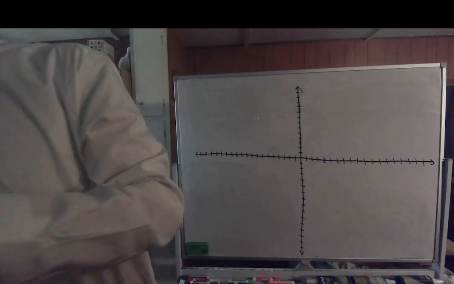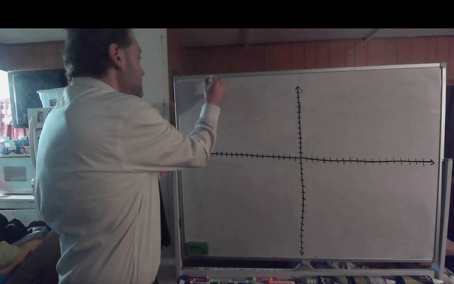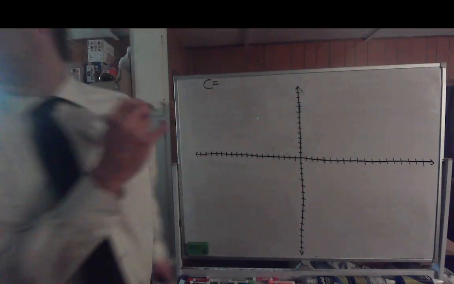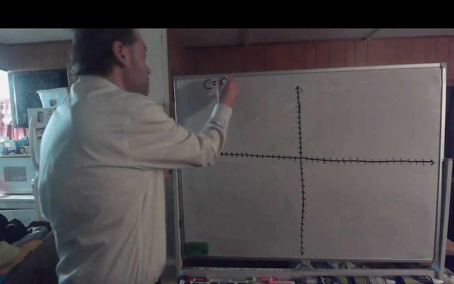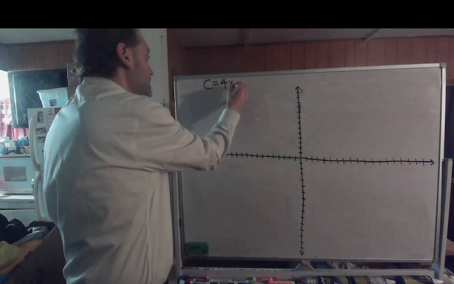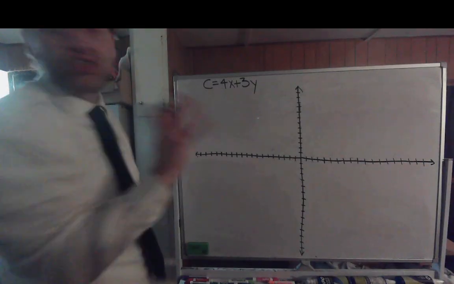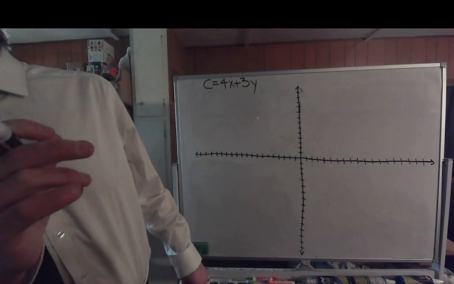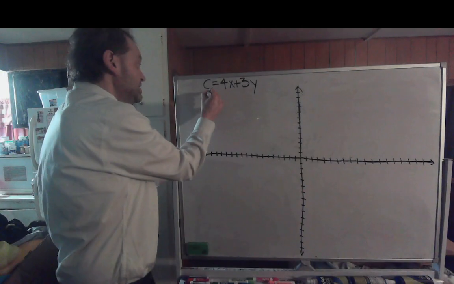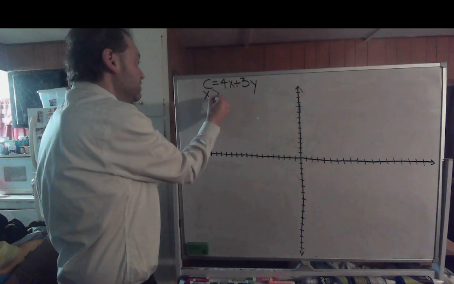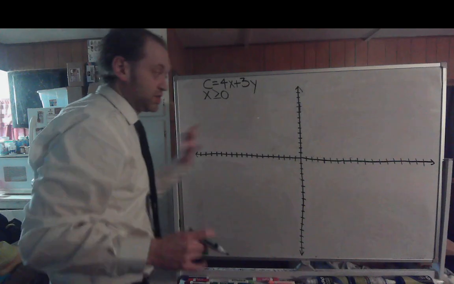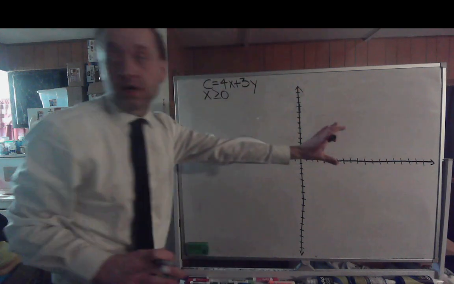Yep, about two more. So we have C for our objective function is equal to 4x plus 3y. So 4x plus 3y equals C. That's our objective function. We have the constraints that x is greater than or equal to 0, which starts off in the right hemisphere.